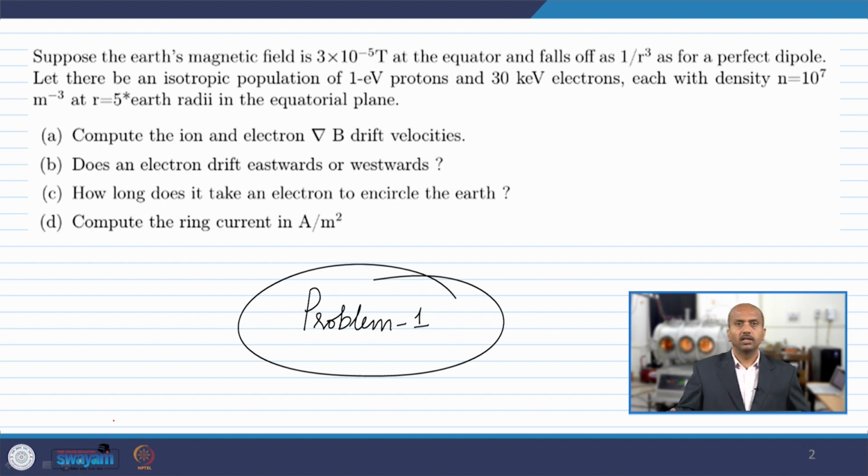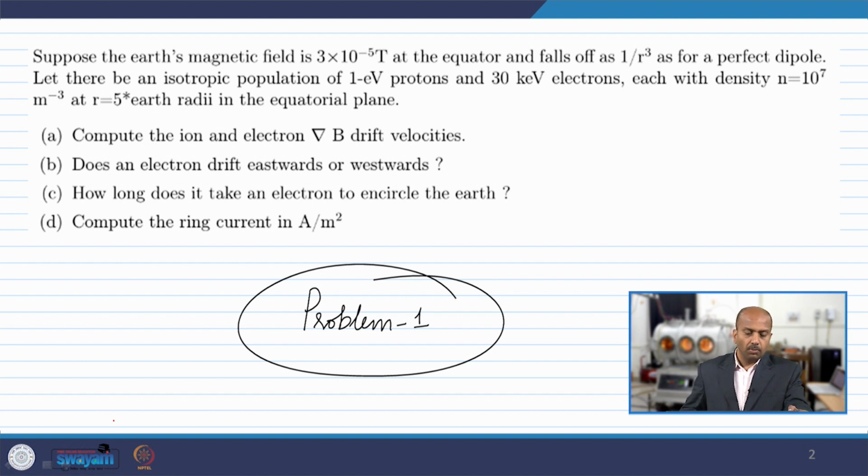If you know the expression for the magnetic field of a dipole in terms of r and theta, you will remember that it is a 1/r³ dependence.